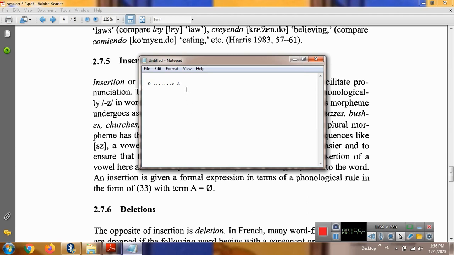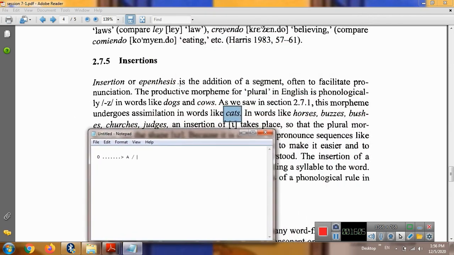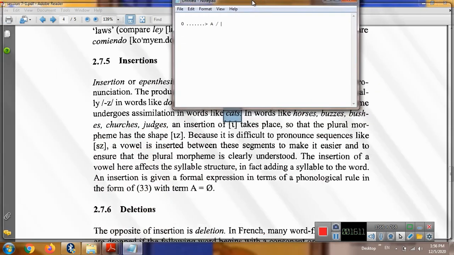Okay, in this, I want to write the rule of the insertion of EZ here.